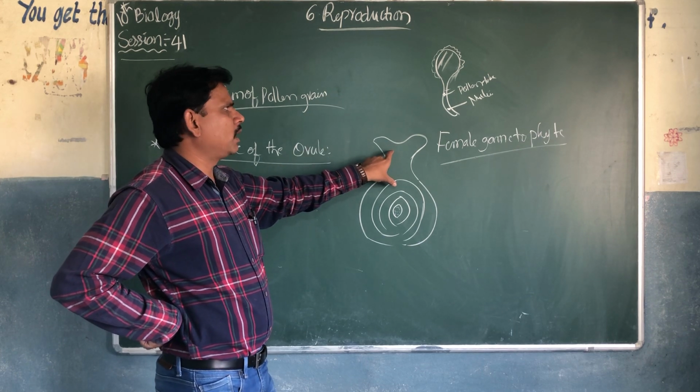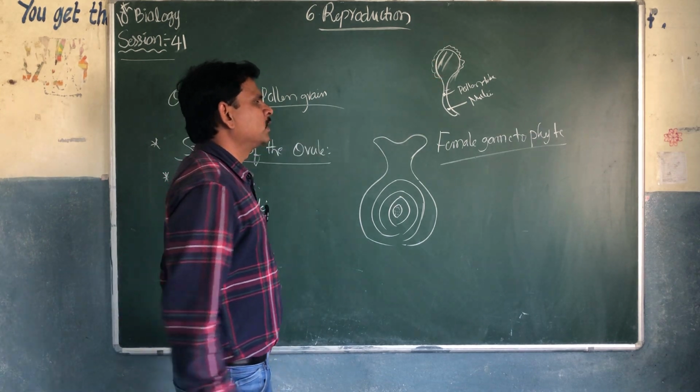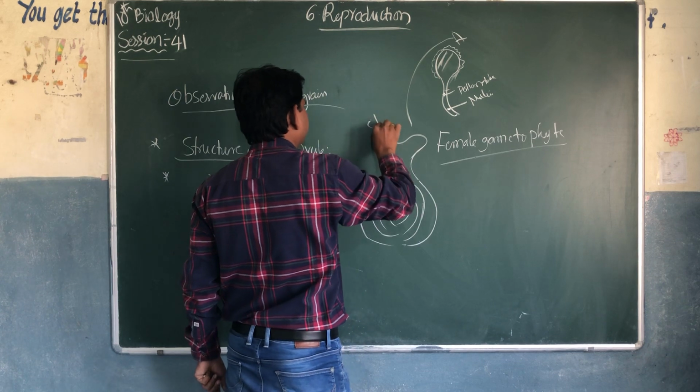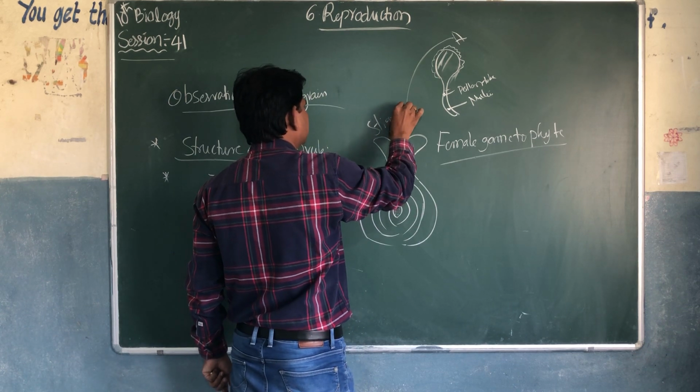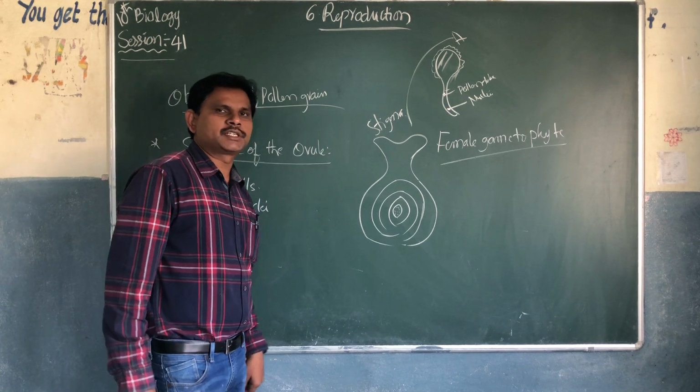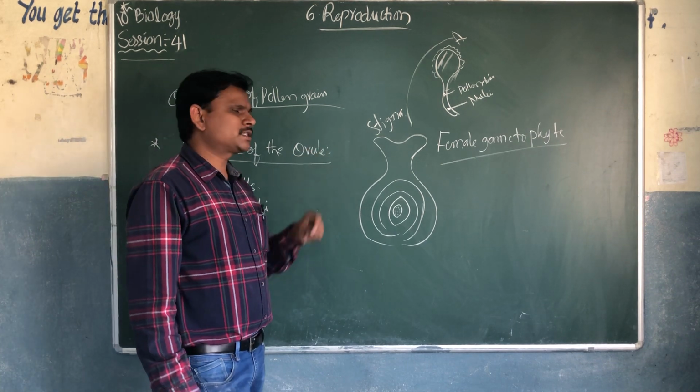So this is the stigma, and these are the pollen grains. When pollen grains are transferred from the anther to the stigma, we can see some changes in the stigma.